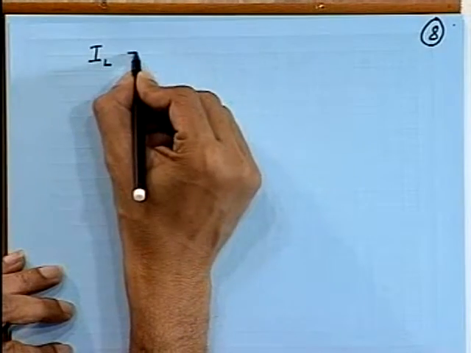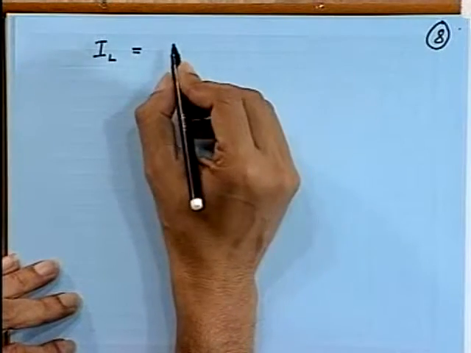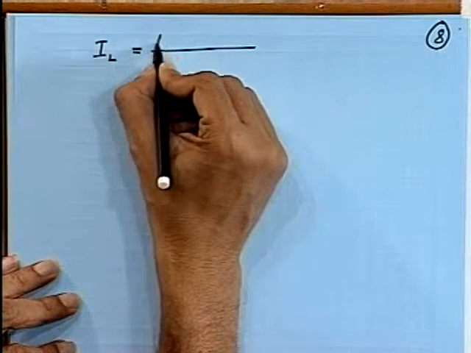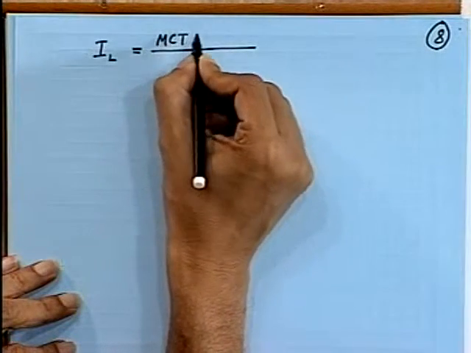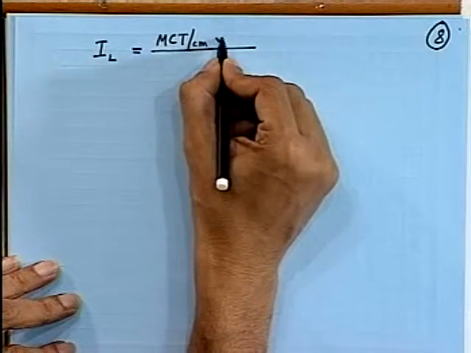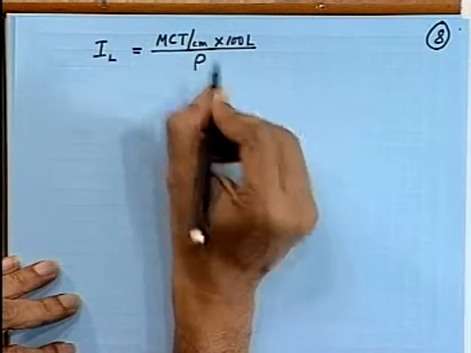Any longitudinal moment to change trim, you can derive that. Moment to change trim per centimeter is 100 IL divided by rho.